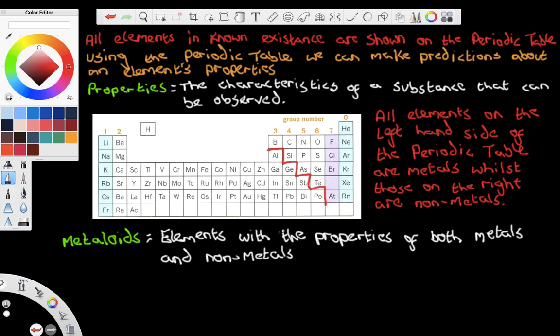Okay? So some examples of different metalloids would include boron, would include silicon, astatine. All these would be metalloids. They would share properties of both metals and non-metals.